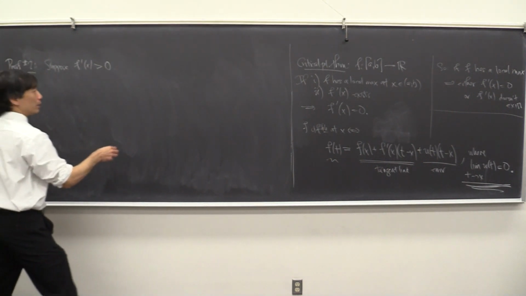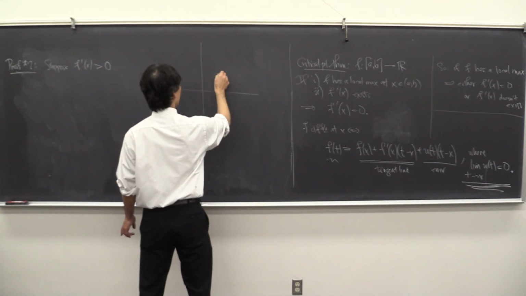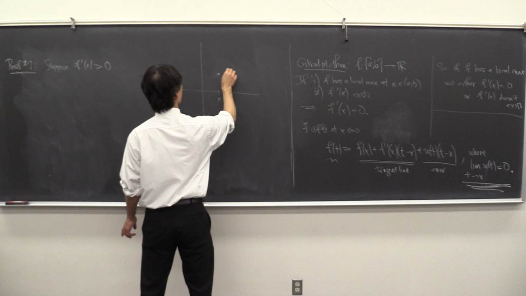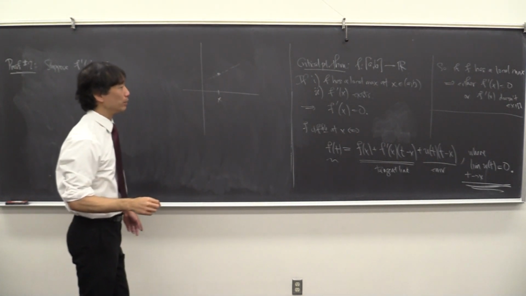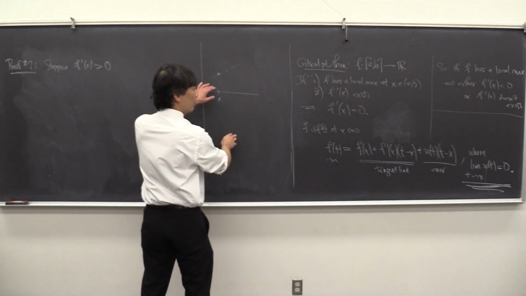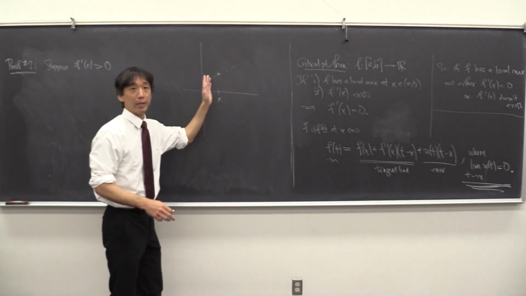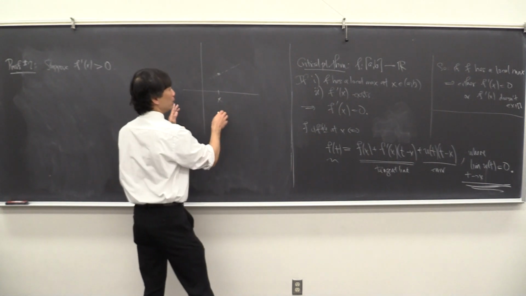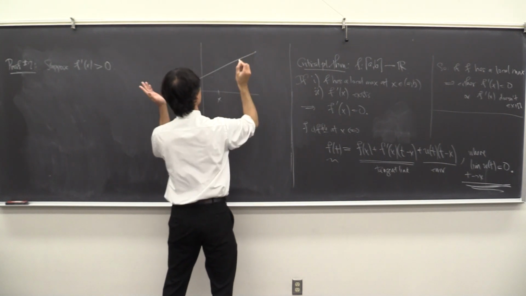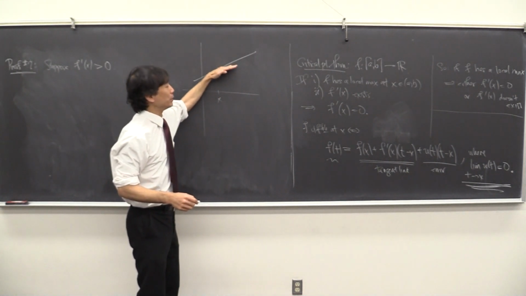So you say, well, look, suppose that you have this point here, and you know that the slope, the tangent there, is positive. So you know that your function is basically the tangent line plus some error that vanishes. So here's the tangent line, and your function is basically that line plus something that vanishes.